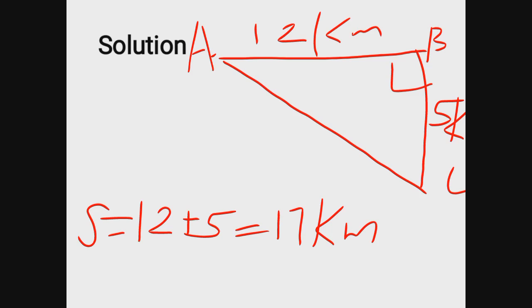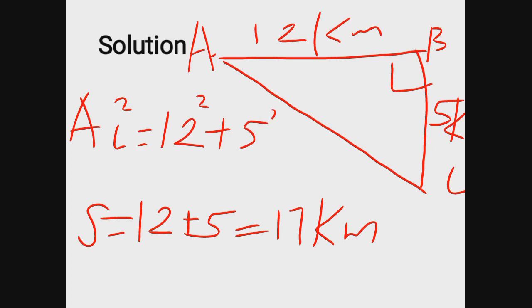So using the Pythagoras theorem, the longest side, which is the hypotenuse, which is the same thing as line AC, is equal to the sum of the squares of the other two sides. Line AB is 12, that will be 12 squared, while line BC is 5, and that will be 5 squared.